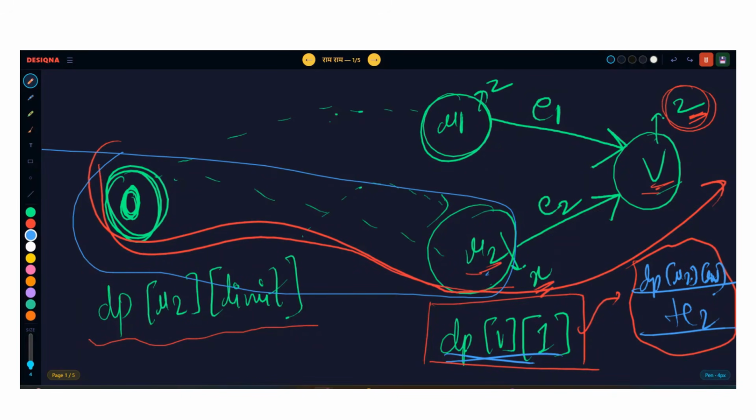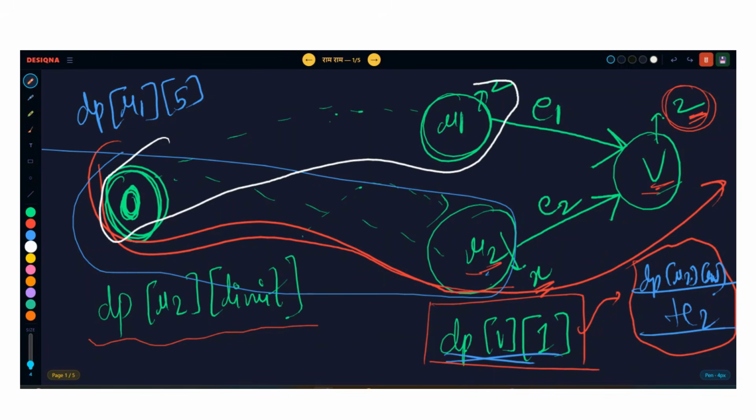Now guys, listen to me very carefully. Let's say you know the answer for dp u1 phi. You know the best way to go from node 0 to node u1 such that the last 5 nodes have the value z.